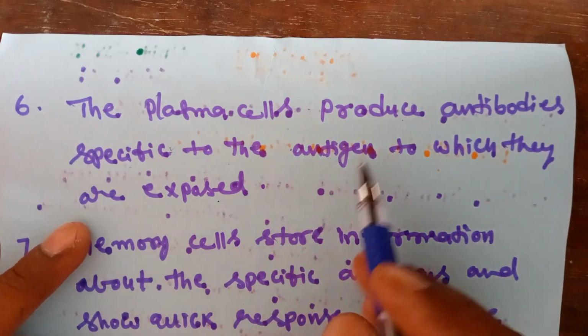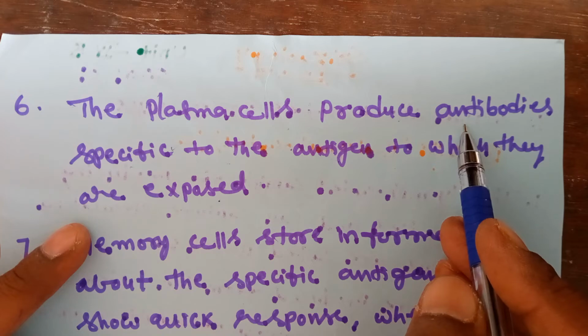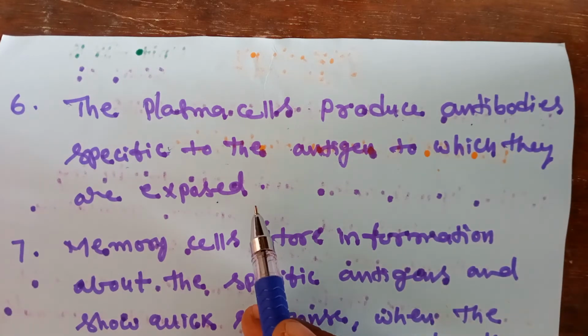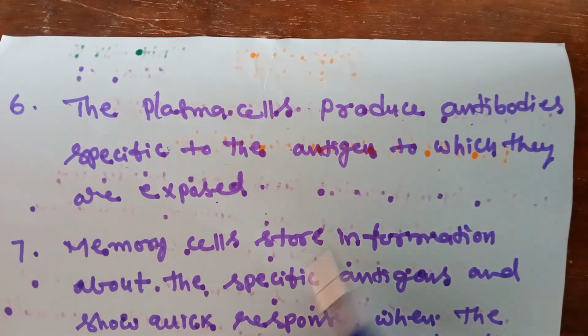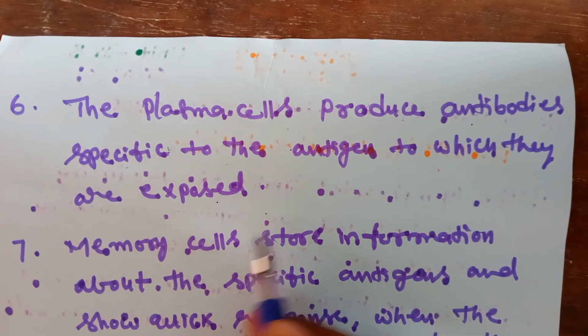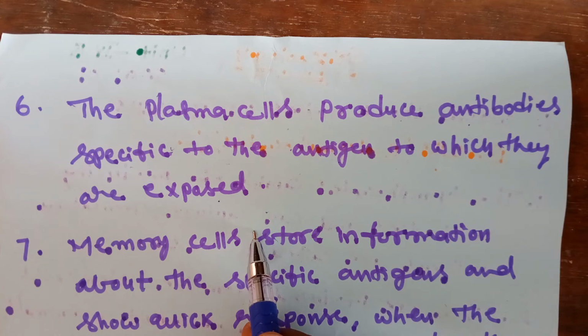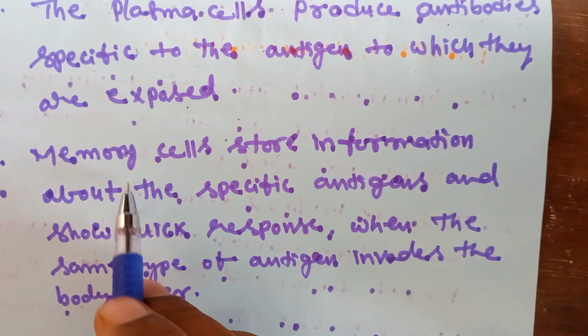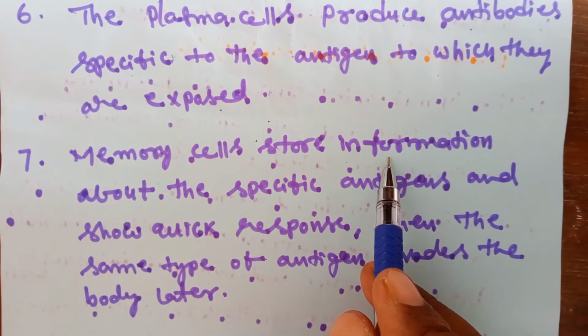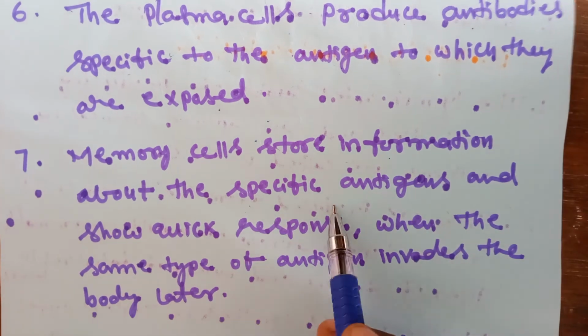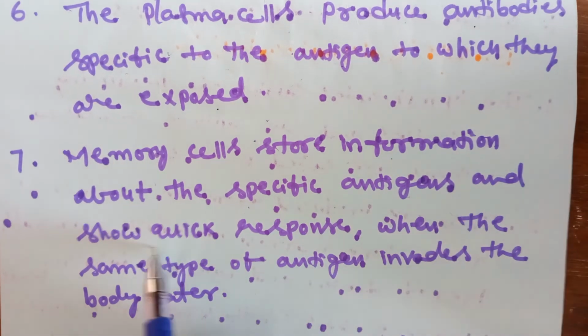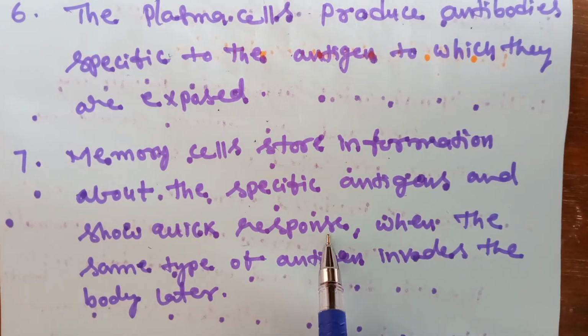The plasma cells produce different types of antibodies, for example with the COVID vaccine. Some memory cells store the information about the specific antigen and show a quick response.